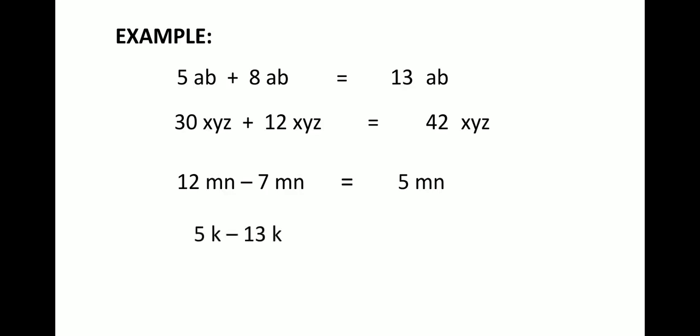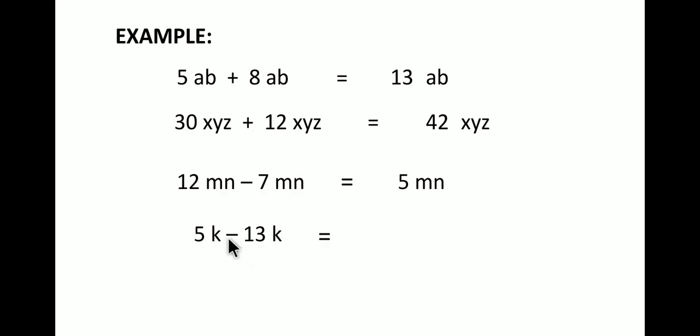Similarly, 5k minus 13k is equal to. Just check first that the sign in front of 5k is plus. There is no sign, which means it's plus. And the sign in front of 13k is minus. They are different signs, and we have learned that with different signs we have to subtract.